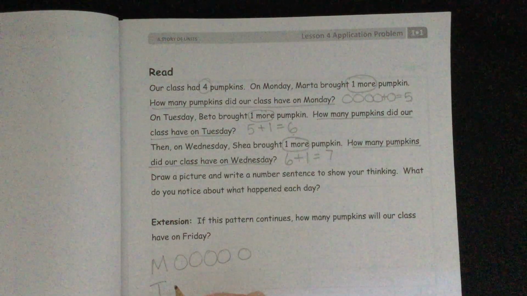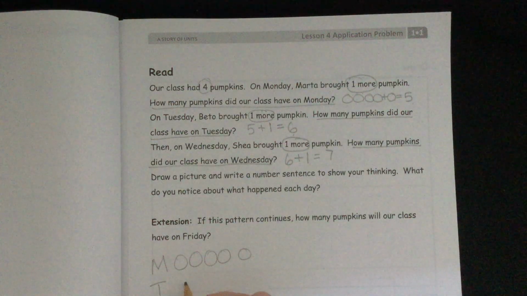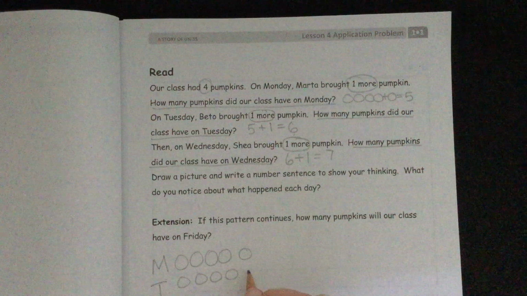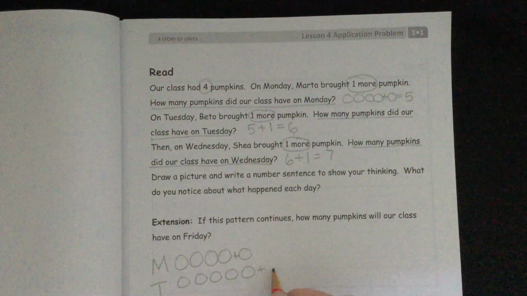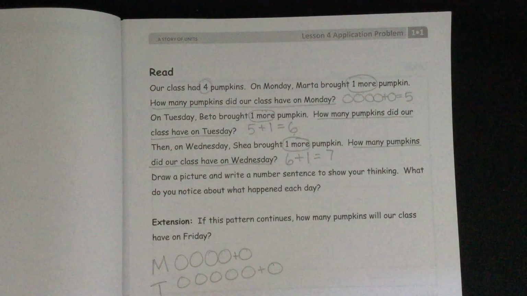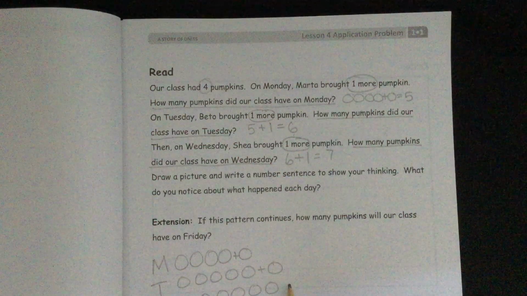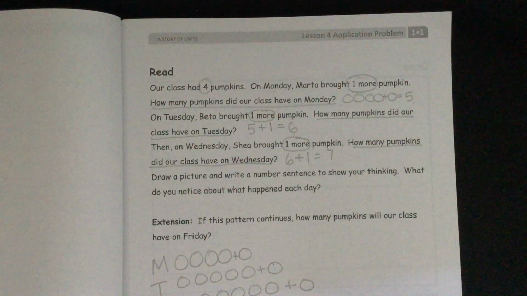And then Tuesday, we have all of these, 1, 2, 3, 4, 5. We'll put the little plus sign in here. Plus 1 more. Wednesday, we had 1, 2, 3, 4, 5, 6, plus 1 more.